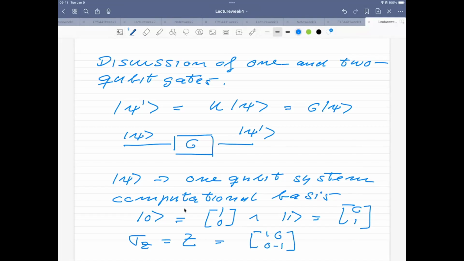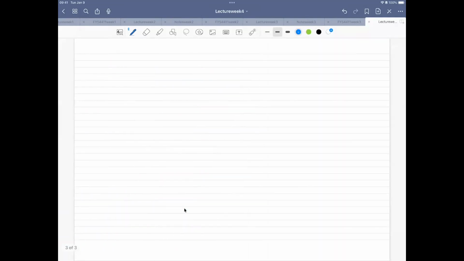This is an instance of a rotation gate. We also know that the states 0 and 1 are eigenstates of the Pauli Z matrix. So if I take this matrix Z and act on the state 0, this gives me 0. And if I do Z on the state 1, this gives me minus 1, so that has eigenvalue -1.